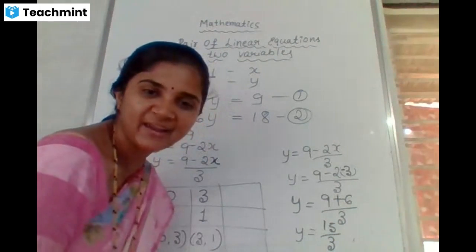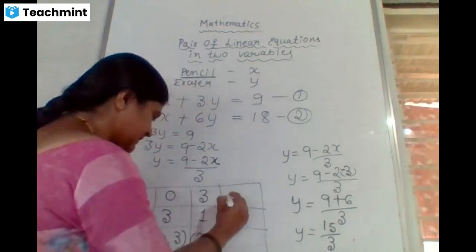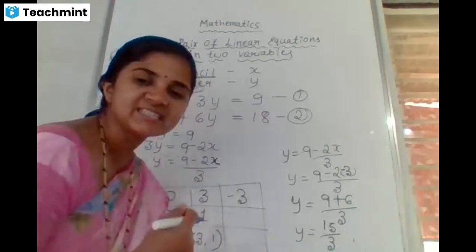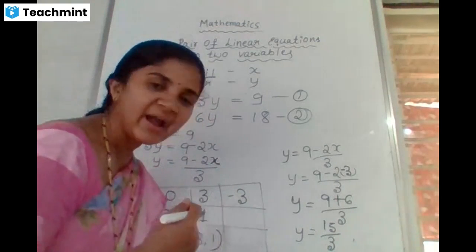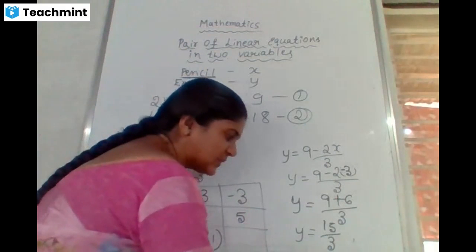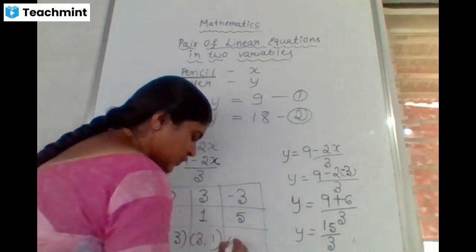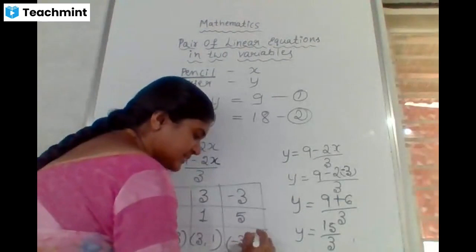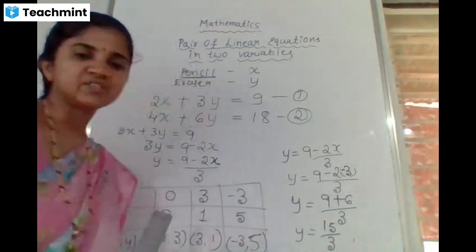So if x is equal to minus 3, y is 5. Our next point is minus 3 comma 5.